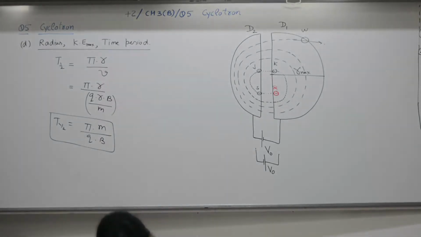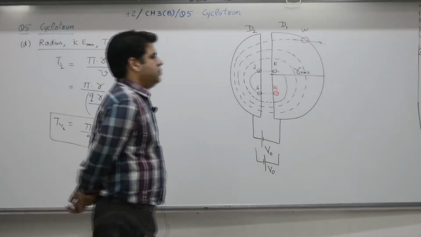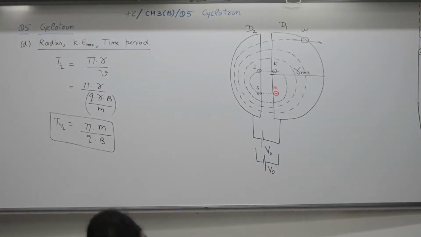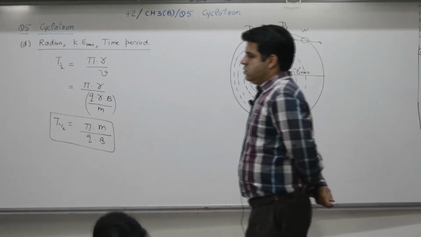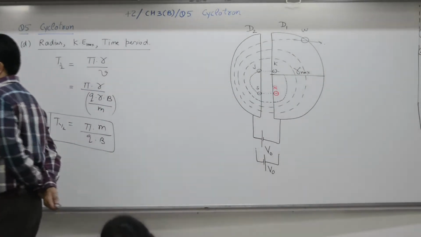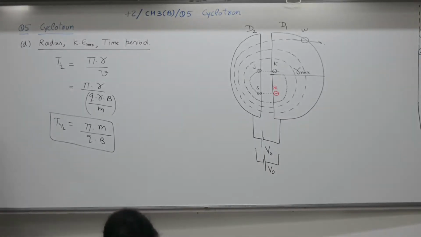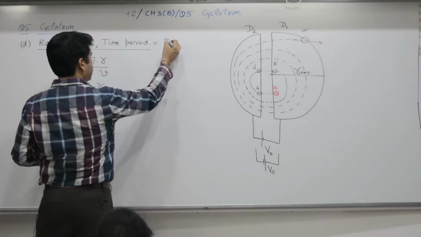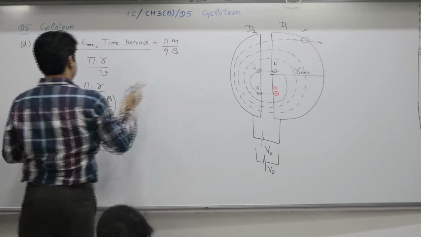Two minutes to write. Time period is equal to pi m by qb.